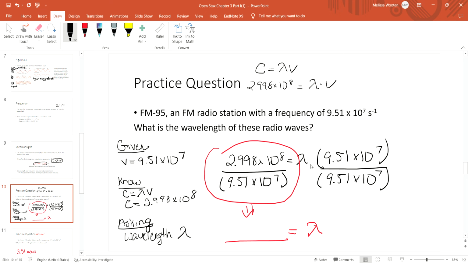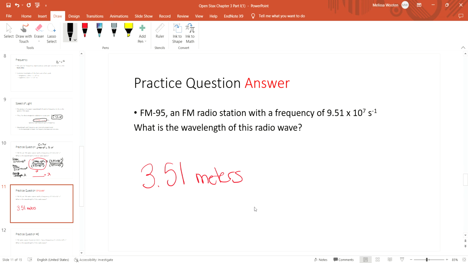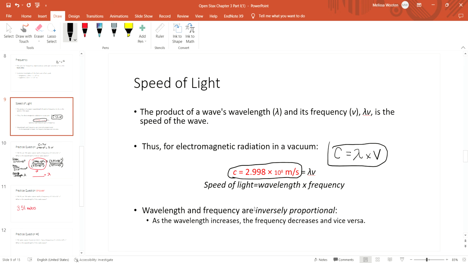Here I set up the formula, speed of light equals your wavelength times your frequency. You divide by the frequency in order to isolate the wavelength, and your answer should be about 3.51 meters. Where did I get meters from? Meters comes from the speed of light because you have meters per second here.